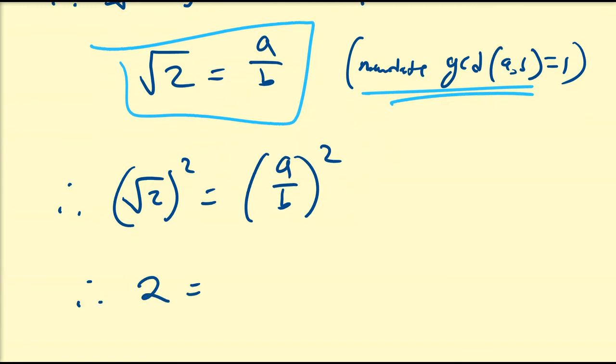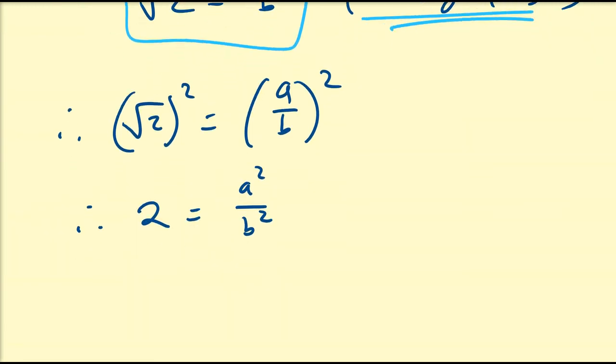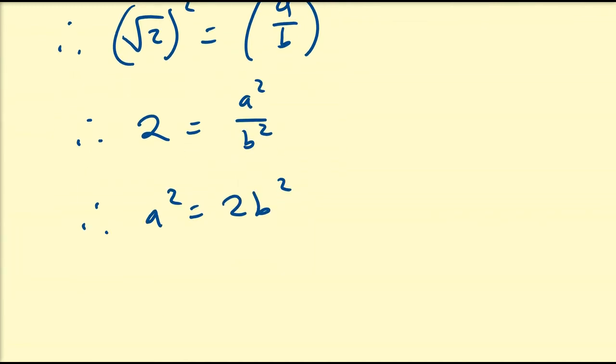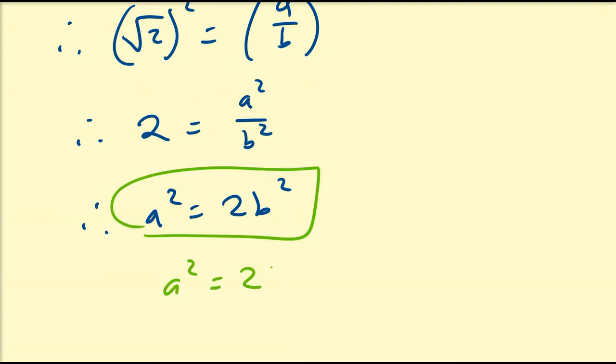So we have 2 is equal to a squared over b squared. Then I'm going to multiply both sides by b squared, so I'm going to have a squared is equal to 2b squared. Notice that this expression is in the form a squared is equal to 2 times k, because b squared is an integer since b is an integer by closure.